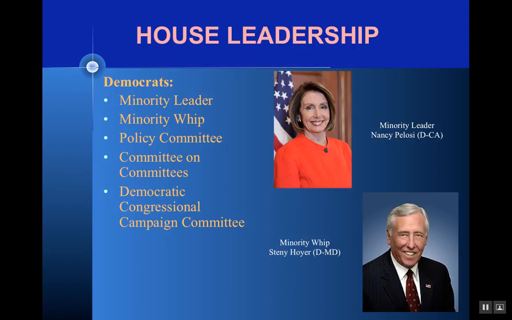The highest ranking Democrat right now, Nancy Pelosi, serves as the minority leader. But if the Democrats were to become the majority, then Nancy Pelosi would become the Speaker of the House, because she would be the highest ranking person in the majority party then.